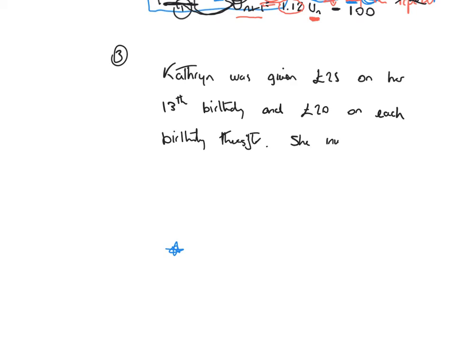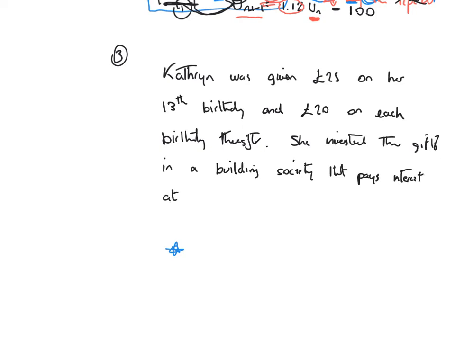She invested these gifts in a building society that pays interest at 3% per annum, which is 3% per year. Okay, and we need to write a recurrence solution. Okay, so it's going to be Un+1.